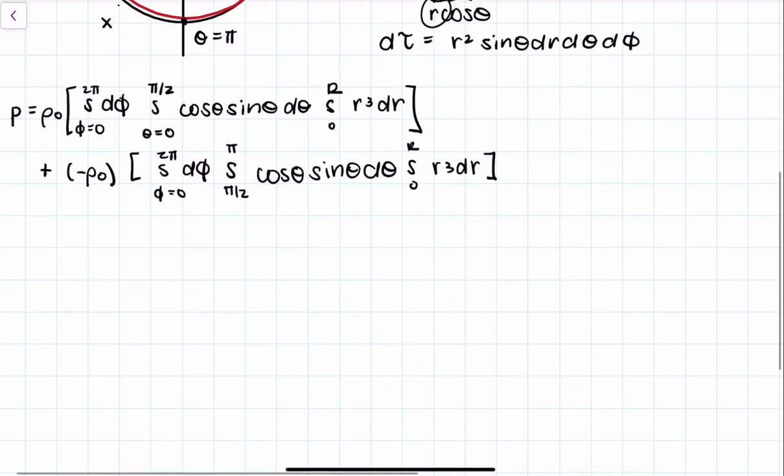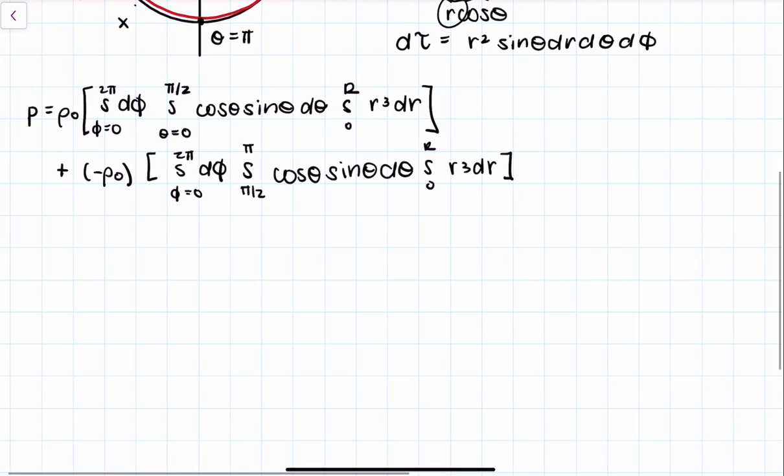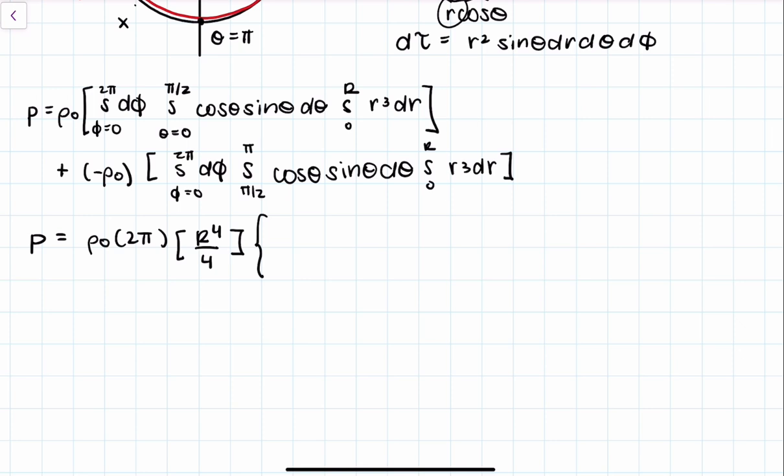All right, so the phi integrals basically come out to 2 pi. The integral of r cubed dr will just give us capital R to the 4th over 4, and that is the same for both. Now for the theta integral, we can do u substitution.